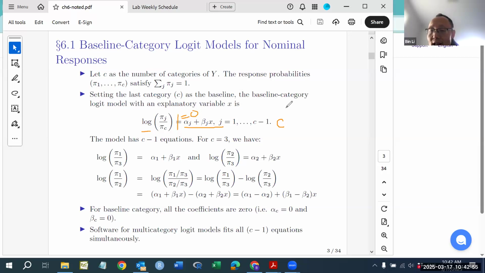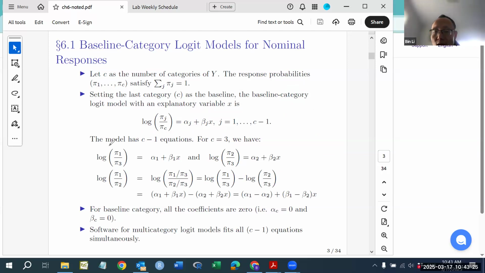So in other words, alpha C always equals 0 and beta C always equals 0. That's the baseline group. For the baseline group, we don't have the alpha and beta because they are both 0. That's why we only stop at C minus 1.